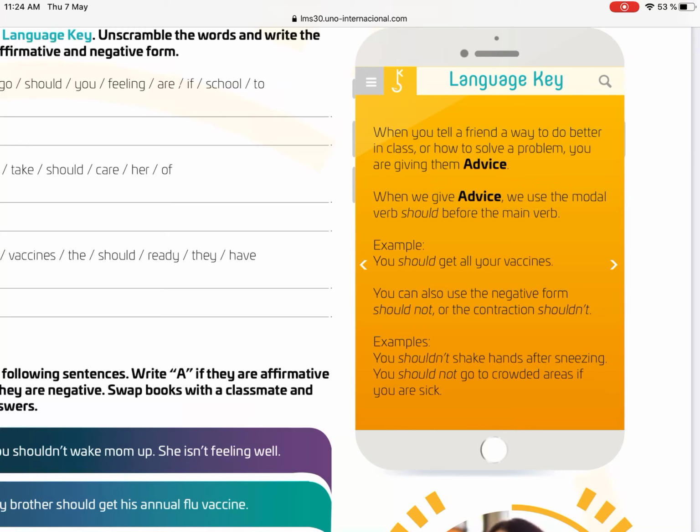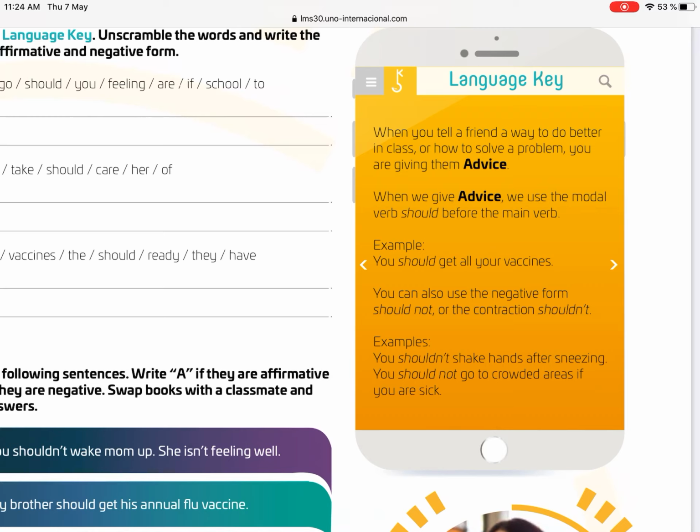When you tell a friend a way to do better in class or how to solve a problem, you are giving them advice. When we give advice, we use the modal verb should before the main verb. Example: you should get all your vaccines. You can also use the negative form should not or the contraction shouldn't. Example: you shouldn't shake hands after sneezing.